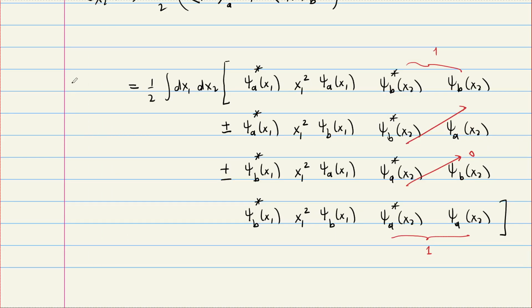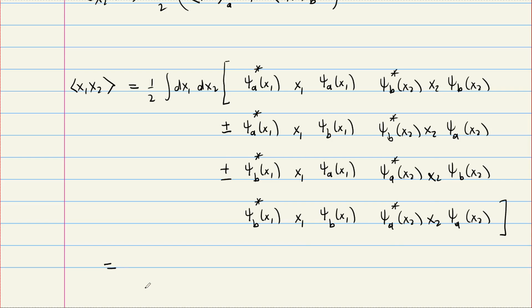So now I want to calculate x1, x2. Now these are all going to be x1, and these are all going to be x2. So these are x2, x2, x2, and x2. Good.